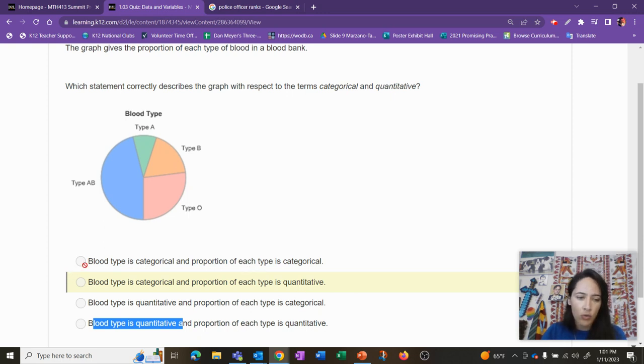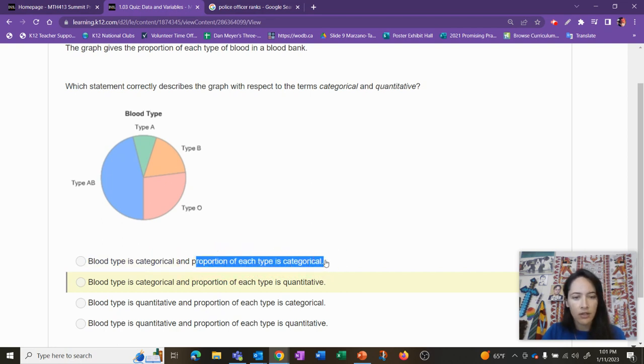But now let's read it. Blood type is categorical and the proportion of each type is categorical. No. This chunk, the blue and the red, the orange and the green, even though there's no numbers in there, that represents a numerical value, a quantity. So whatever this blood type circle graph is representing, however many O in this is, there's a number there in relation to the whole.